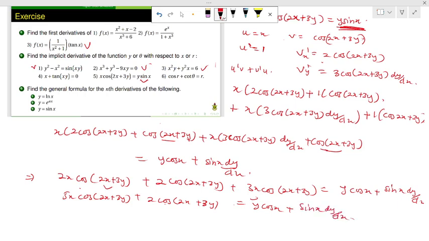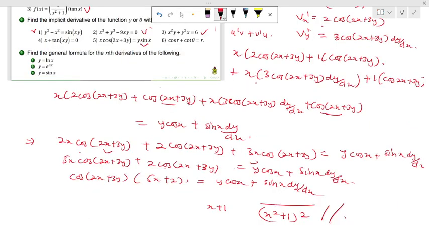Now remember that I can factorize my cosine, so cosine of 2x plus 3y multiplying the expression 5x plus 2 should be equal to y cos x plus sine x dy over dx, right?